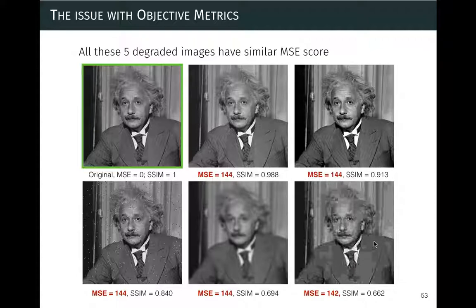Psychologically, this is not the same type of error. The degradation you have here is much less pronounced for us than this one, for instance. But the objective metric tells you the same thing, and that's a problem.